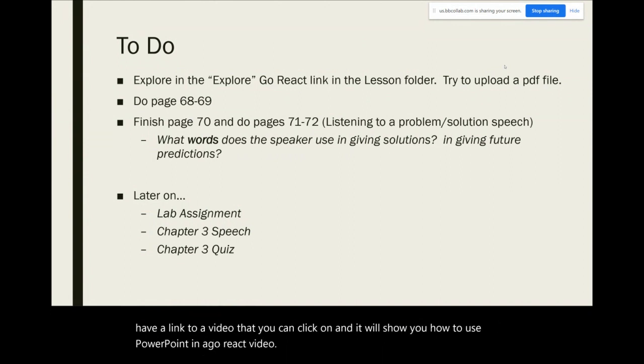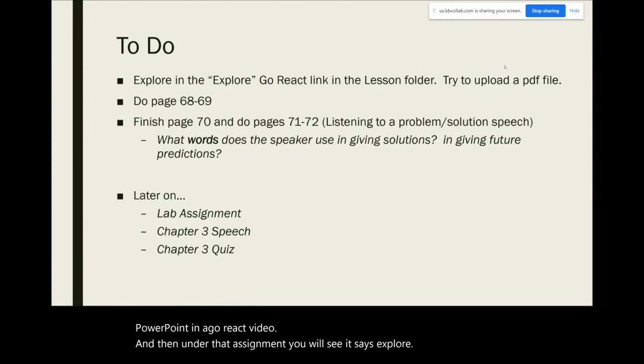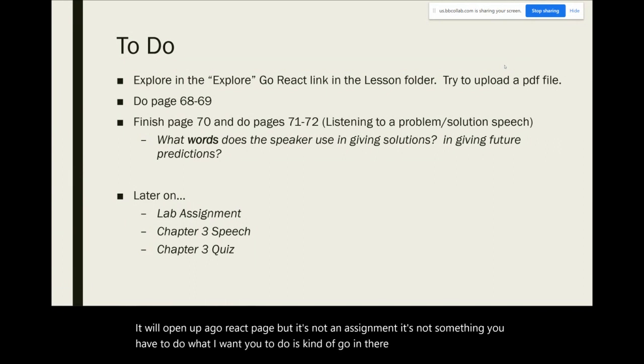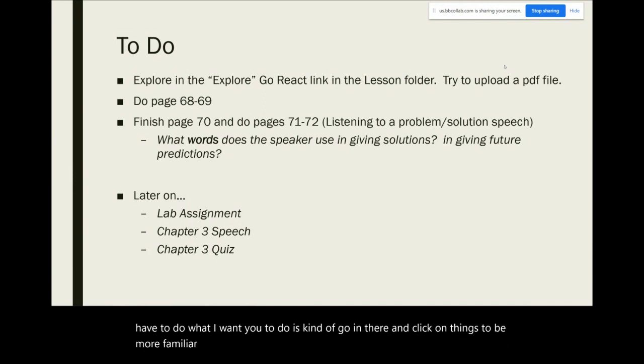Under that assignment, you will see it says explore Go React. If you click on that title, it will open up a Go React page, but it's not an assignment. It's not something you have to do. What I want you to do is go in there and click on things to be more familiar with what to click on to find your presentation and upload it. So it's kind of like a practice area.